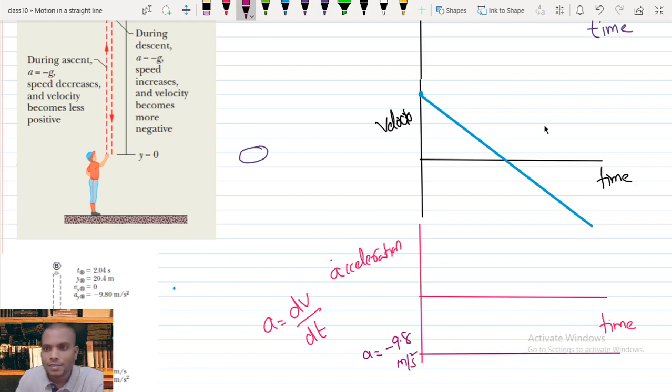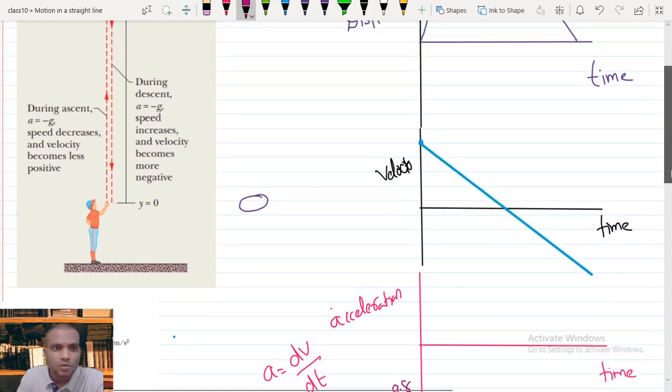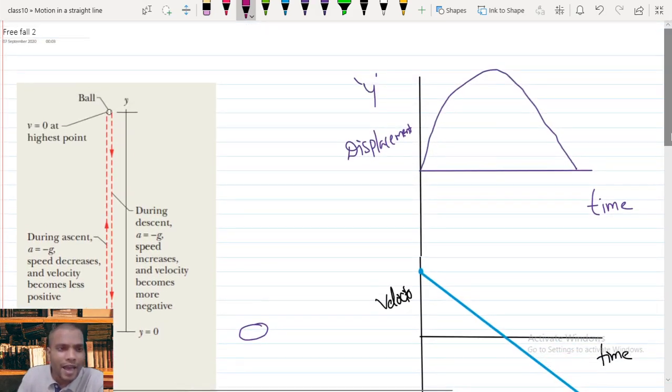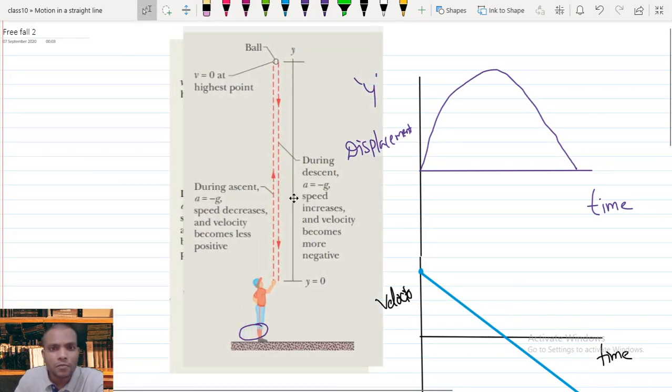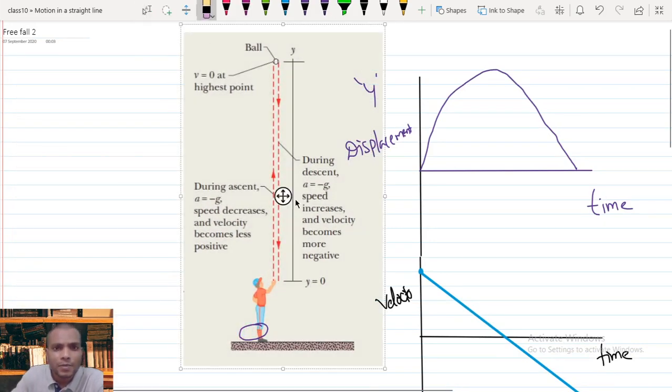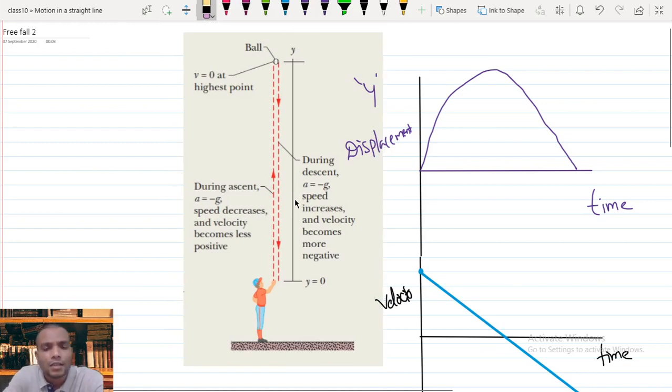This acceleration is the acceleration due to gravity. We may wonder why the acceleration is negative when the object is moving upward. When the object is moving upward, the velocity of the object decreases. Why does it decrease?